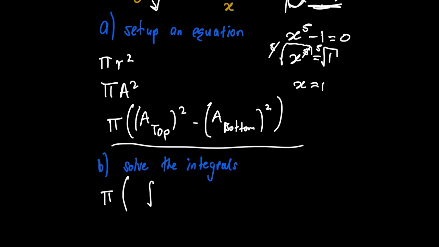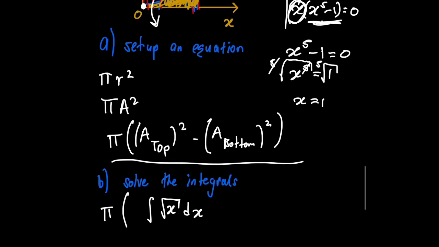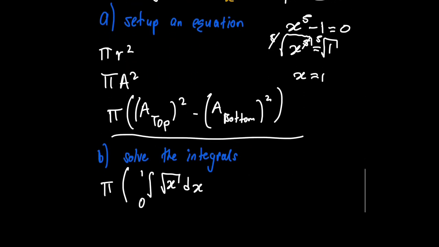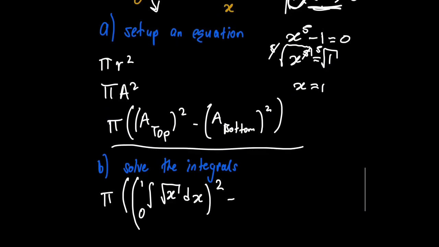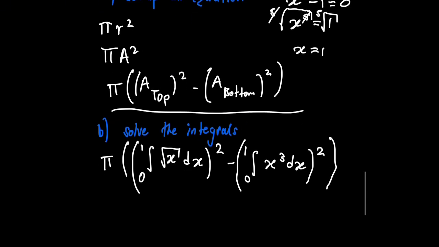So that's the integral of the square root of x dx, from 0 to 1, and we want to square this, minus the area of the bottom function, which is x cubed. So that's the integral from 0 to 1 of x cubed dx, and we want to square that too. So right there, that's our equation.